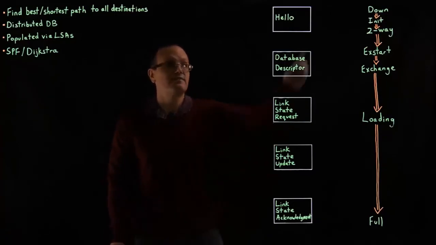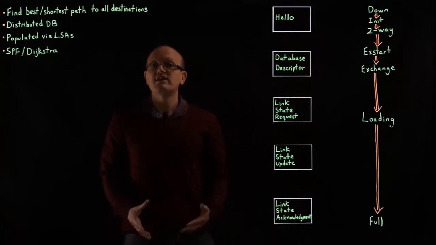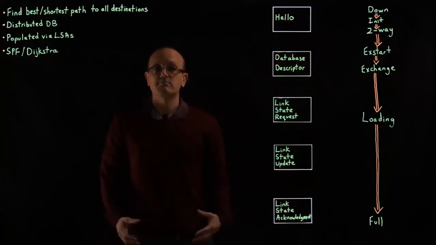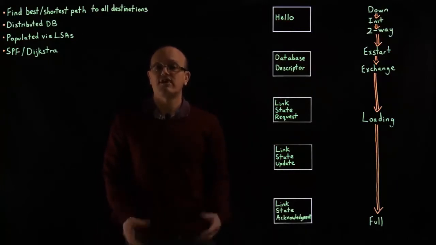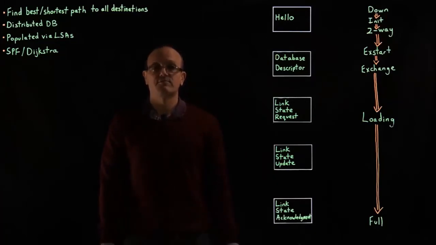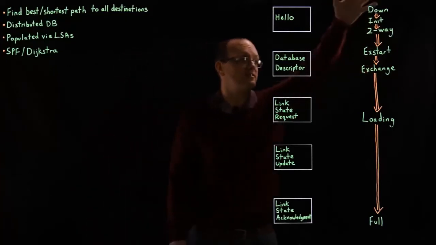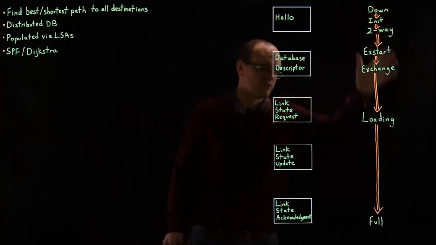And so with these 5 different packet types, we exchange them, and then we move from having no neighbour adjacency to that neighbour adjacency being fully established. And we step through various different stages when this happens. And this is what we have illustrated on the right-hand side of the board here.